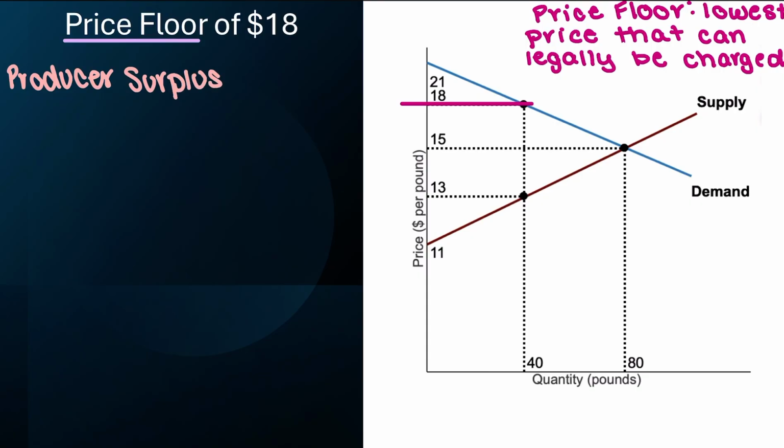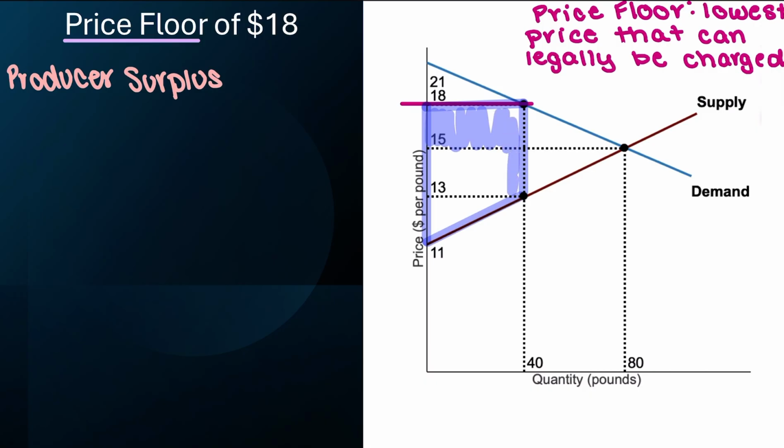For producer surplus, it's going to be the area above our supply curve and below our price. But this quantity right here of 40 is the amount that's actually going to be sold within this market. Even though there are substantially more suppliers willing to supply shrimp or whatever this is looking at to this market.